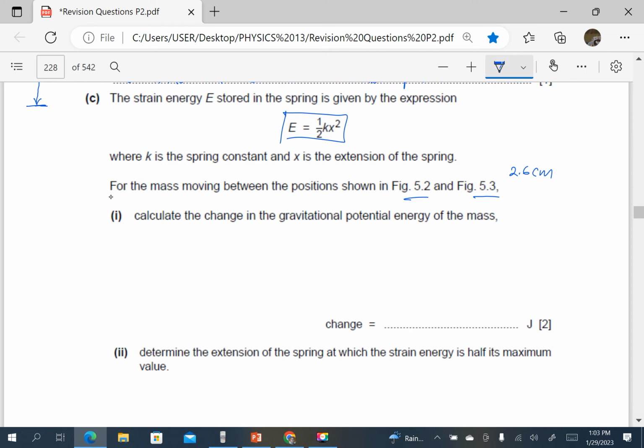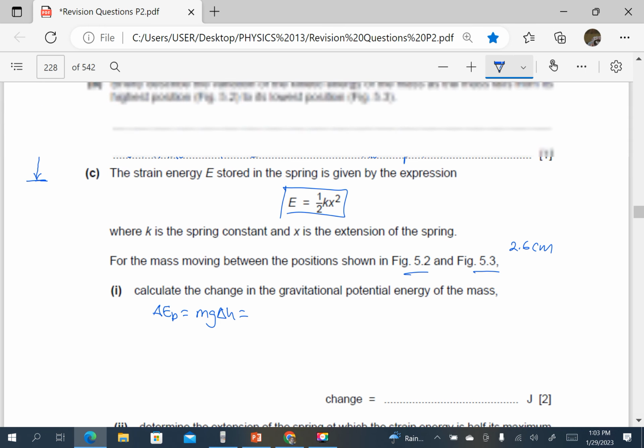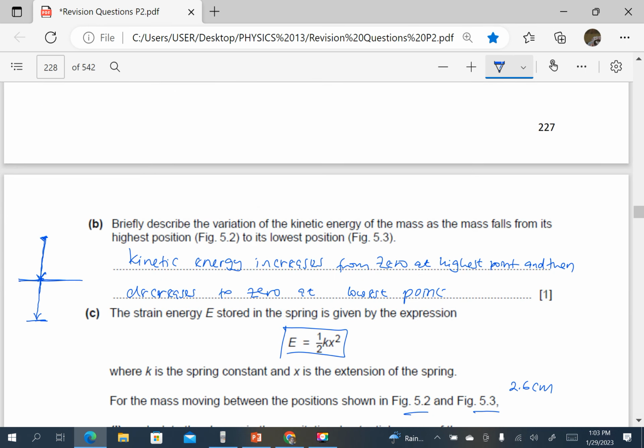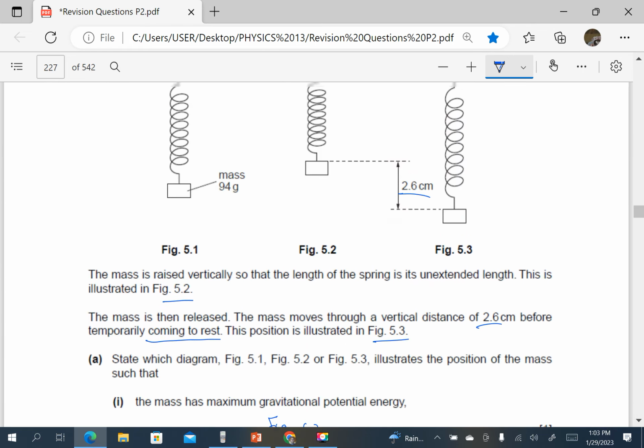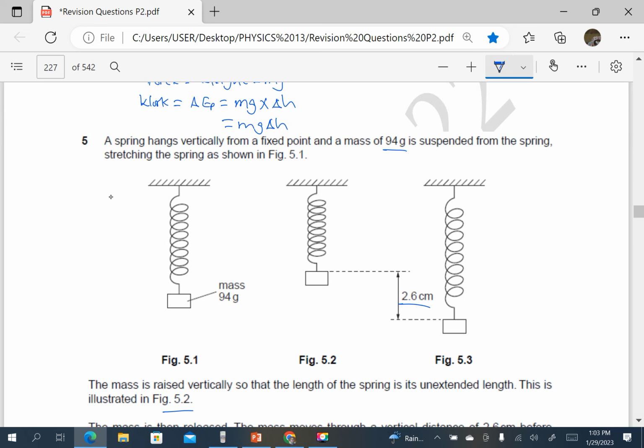So the change in the gravitational potential energy is going to be mg times the difference in height. What was the mass? Is it 94 grams? So the mass is 94 grams.